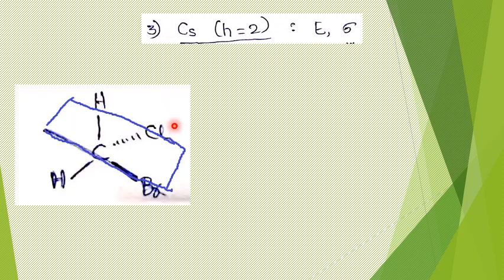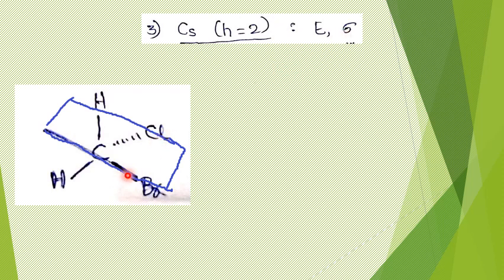Okay, one example, again a typical example, try to imagine the things. So this is carbon with two hydrogen atoms and one bromine and one chlorine. Now this molecule, except this identity operation, what else it has is just a sigma.